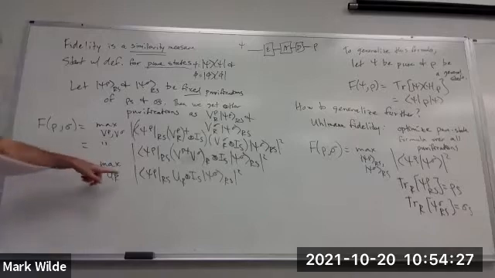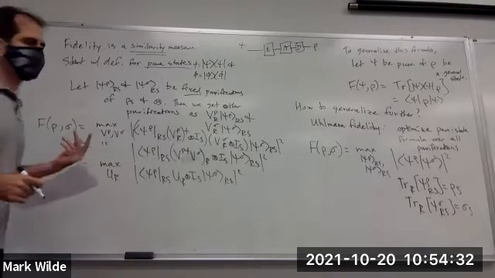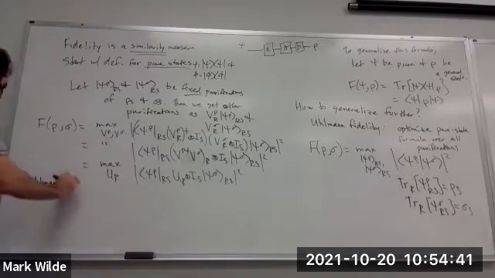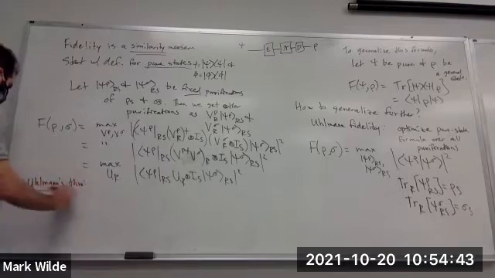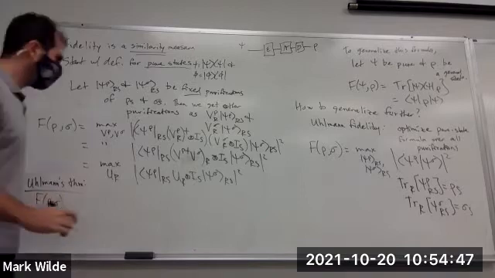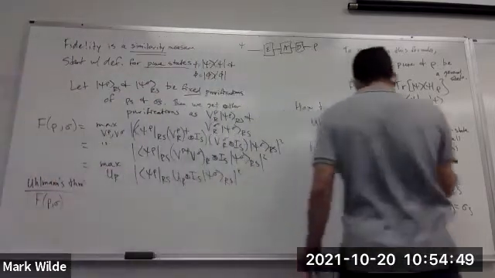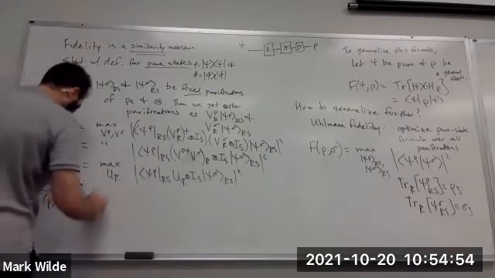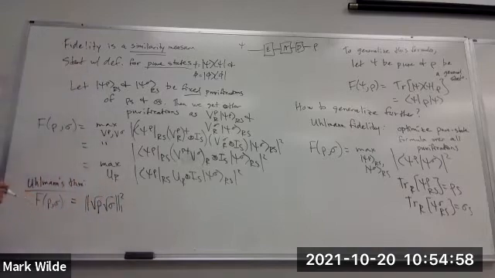And now this we can use to prove what's usually called Uhlmann's theorem. Okay, so Uhlmann's theorem is the statement that the fidelity defined according to this formula is equal to this one. Okay.